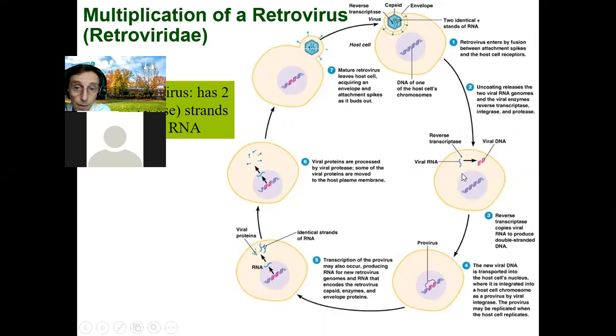The viral RNA will make viral DNA, which will move into the nucleus and then integrate into the host cell's DNA. Remember, when we have an animal virus that integrates into the host cell's DNA, we call it a provirus.